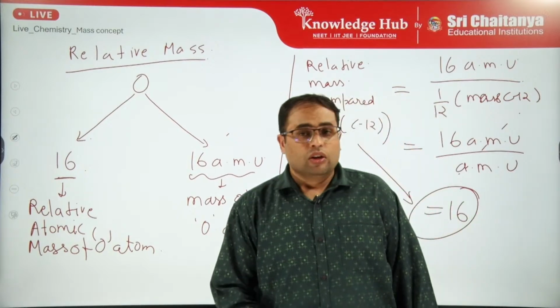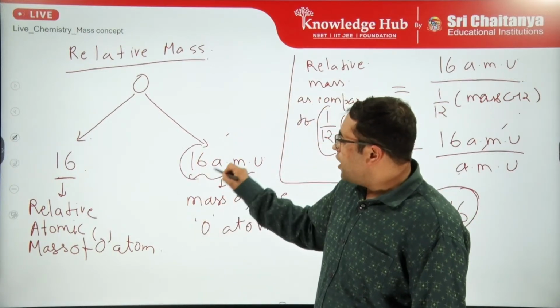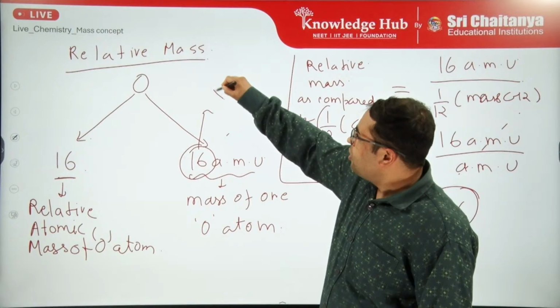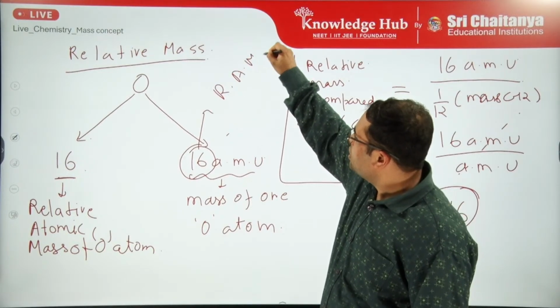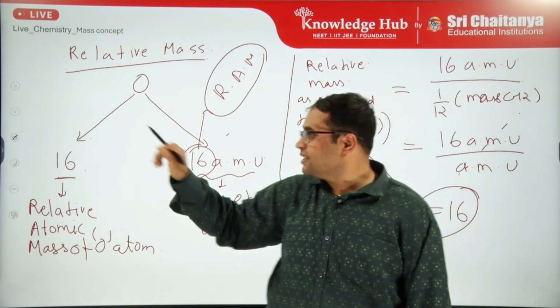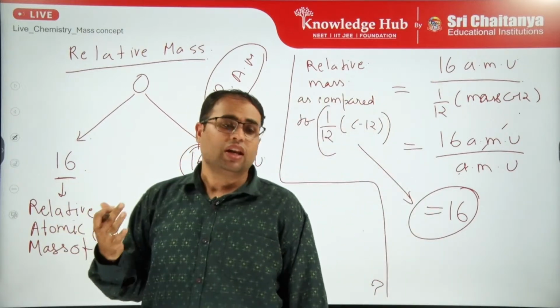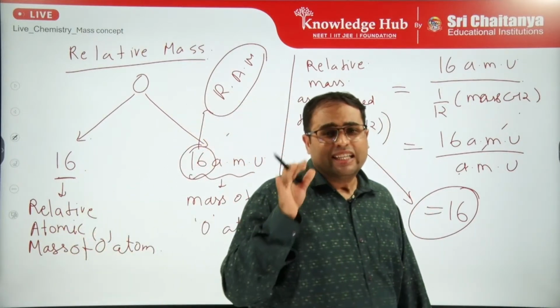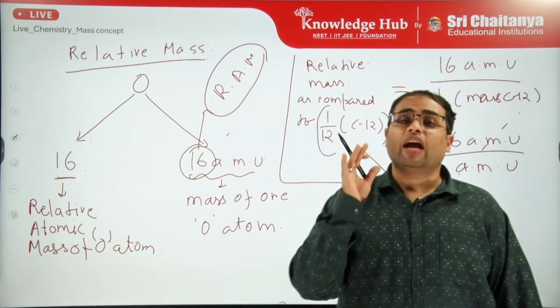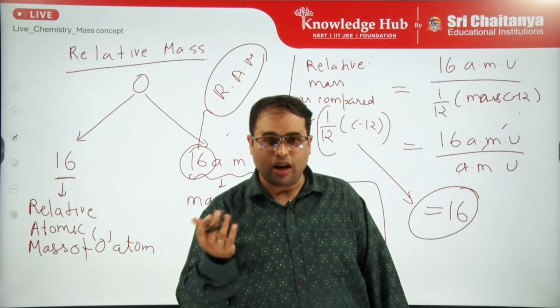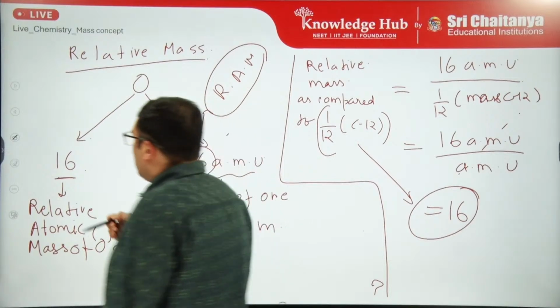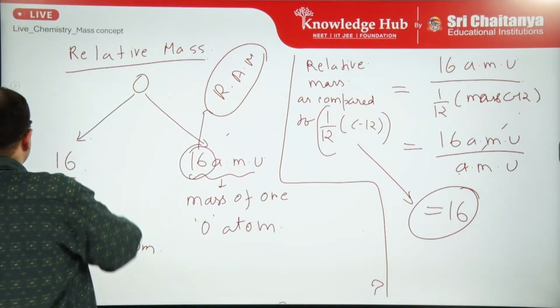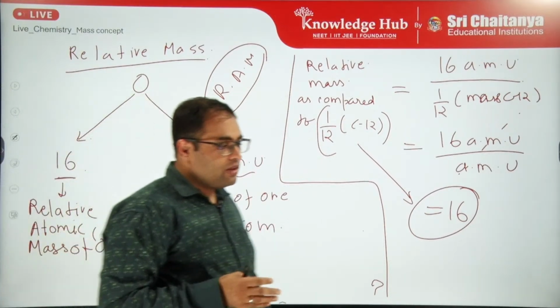So this number which is written in front of this mass is your relative atomic mass. And this number is again unitless. So we have dealt with the concept of relative atomic mass.